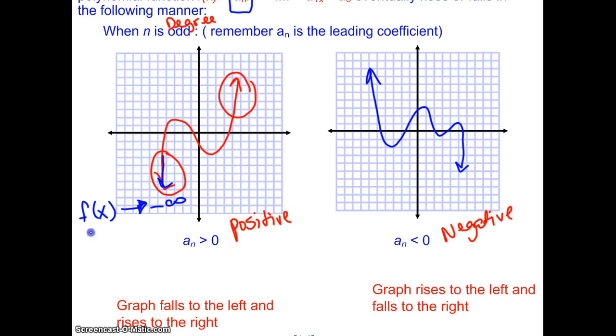So on the left side, f of x goes to negative infinity as x goes to negative infinity, because you're talking about the left side, that refers to your x values. On the right side, your x is going towards positive infinity. What's your graph doing? It's going up. So f of x approaches positive infinity.